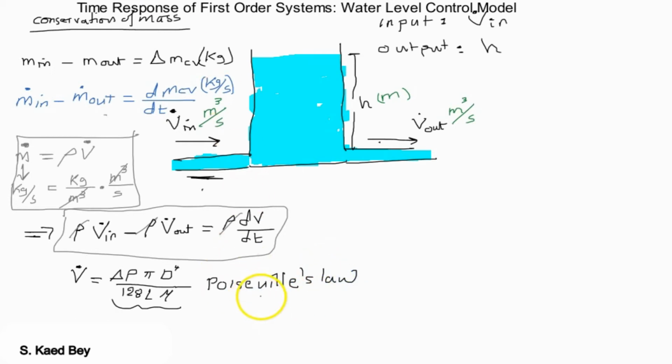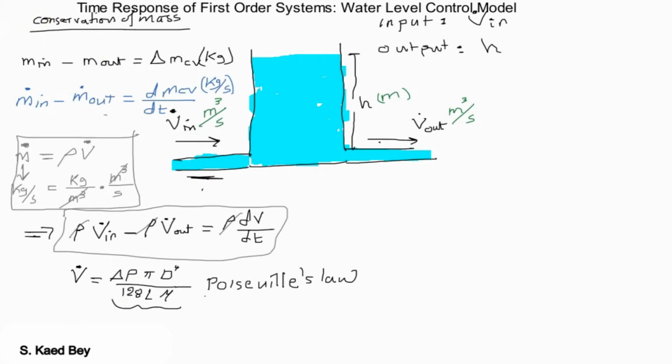And remember, this equation is valid for laminar flow and horizontal pipe only. If the pipe is not horizontal, you have to include another term which includes the gravity effect. And this flow is called the Hagen-Poiseuille flow, in honor of the work of Hagen and Poiseuille on the subject.